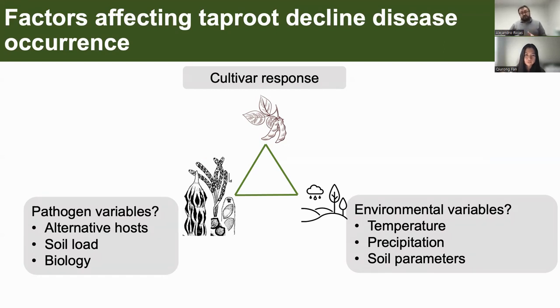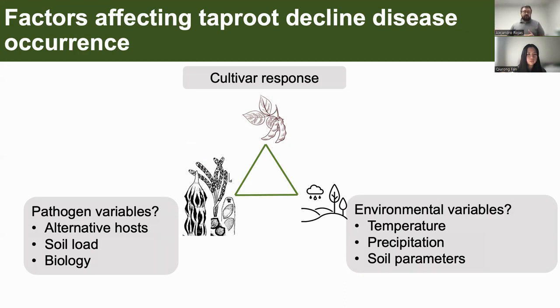Since the disease occurs in the southeast, we know that temperature and precipitation could play a role, because these are very warm seasons and that can help the pathogen to thrive and colonize more tissue. We don't have any evidence about soil parameters, but there is some anecdotal evidence that these pathogens tend to thrive in sandy loam soils.